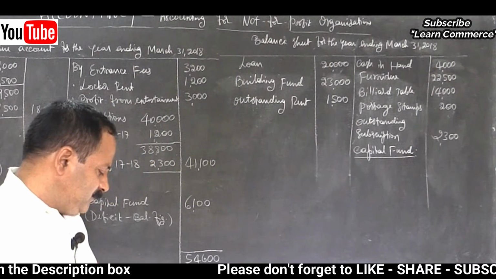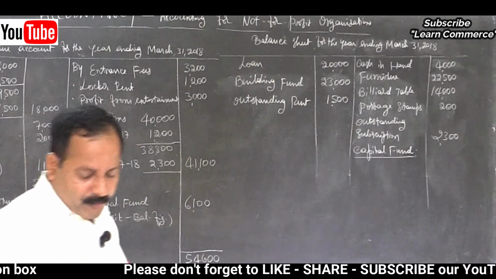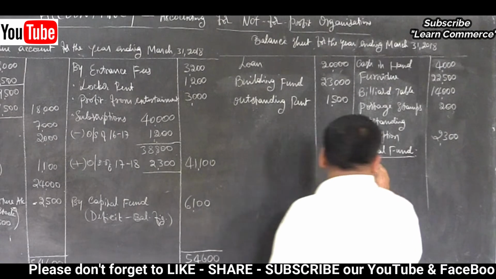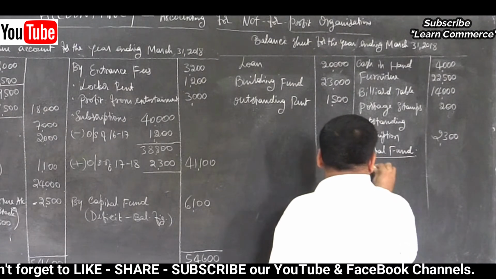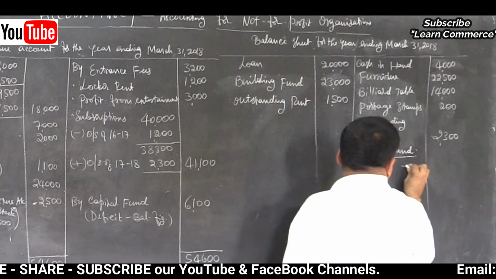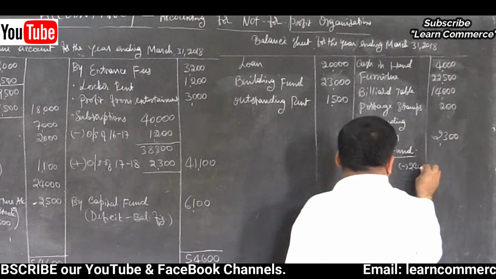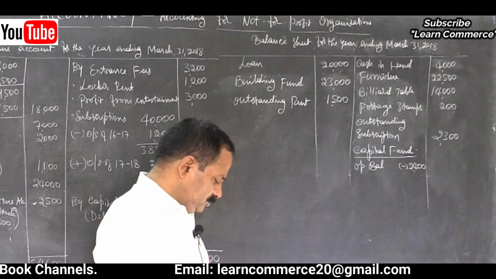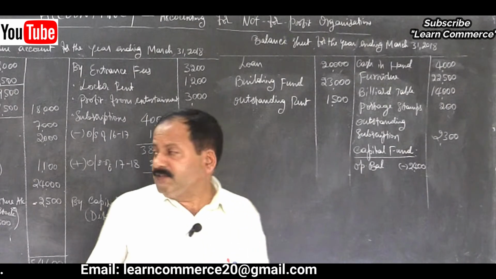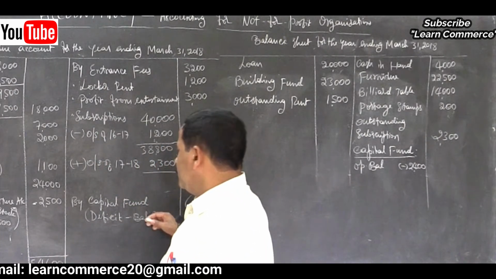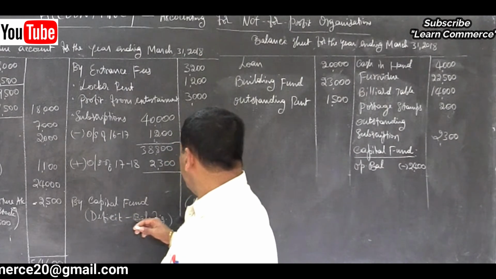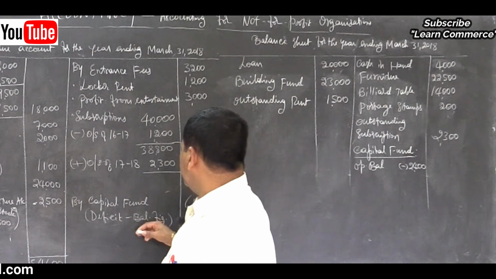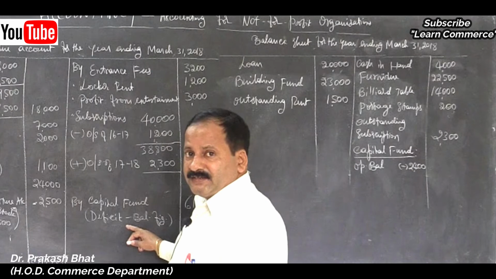Negative balance was there, that is 2,400, if I am not wrong. Correct? 2,400 opening balance. We just write here minus 2,400. Then there is deficit, friends. Here in the income and expenditure account, there is a deficit. Correct?